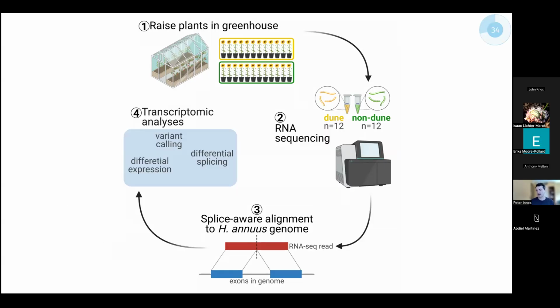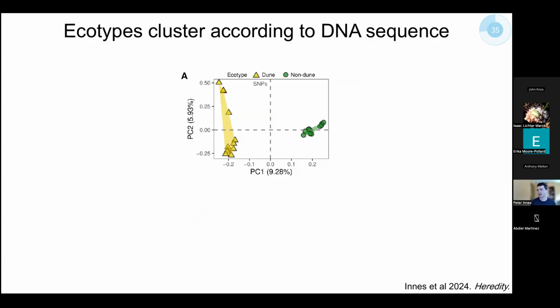And then I did a variety of analyses with the transcriptomic data, including differential expression, and as I mentioned, analysis of differential splicing. So the first results I'll show are just a principal component analysis of the DNA sequence variation, so SNPs in this case.